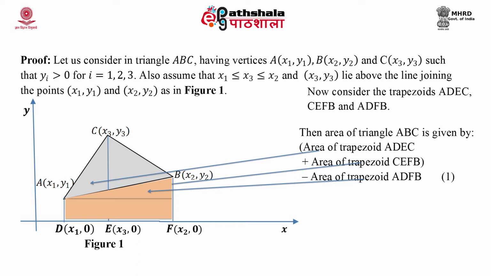Now consider the trapezoids ADEC, CEFB and ADFB. The area of triangle ABC is given by the area of trapezoid ADEC plus the area of trapezoid CEFB, minus the area of trapezoid ADFB.